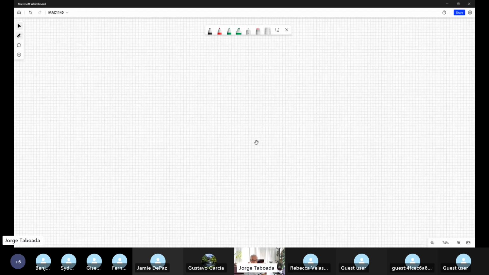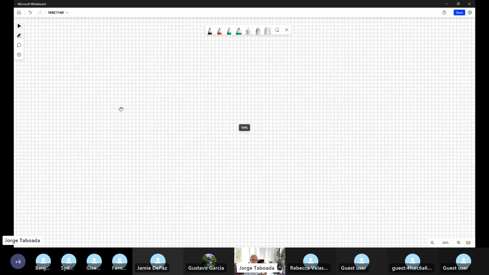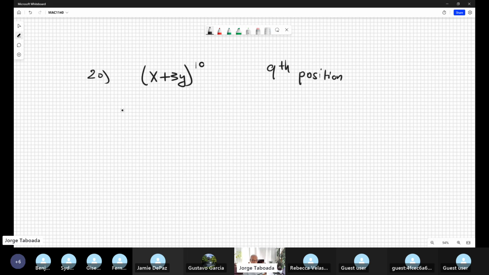Now 20, right? Look at 20. 20 is similar. In my opinion, easier, because we have a binomial. It's x plus 3y raised to the 10th power. And you need to find the coefficient in the 9th position. The 9th position indicates K is 8. How do you know that?